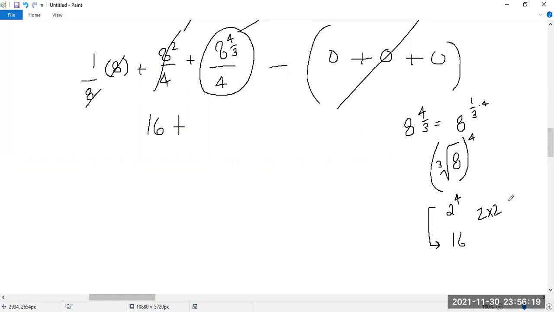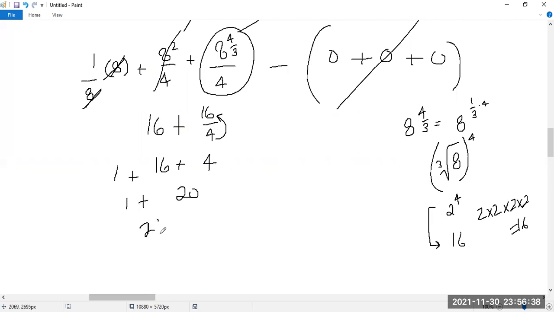Because 2 times 2 times 2 times 2 is 16. So you have 16 divided by 4. So this is 16 over 4, and 4 can go into 16 4 times. This is 20, right? Plus the 1 that we had here, because when we cut this 8, we're left with 1. So we have 1 plus 20, so it's 21.